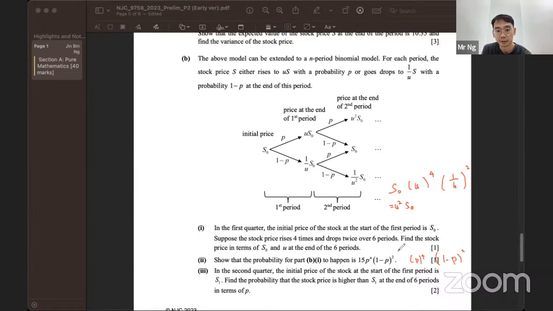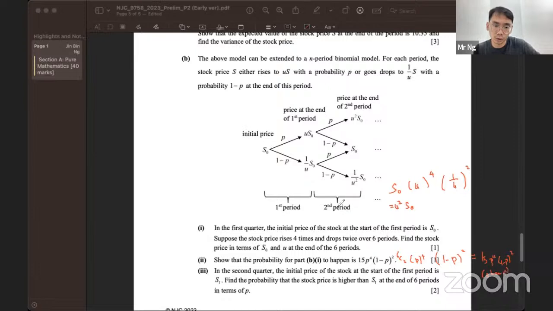Then after that, out of these 6 different periods, you choose 2 of them to be falling, like rise, fall, or fall, rise, etc. So this will cover the different cases. You just need to see whether 6 choose 2 is 15. Yeah, it's 15. So it equals what you want to show.